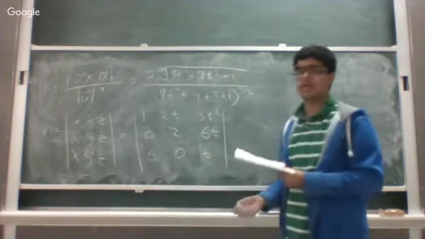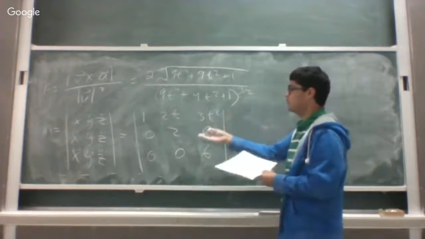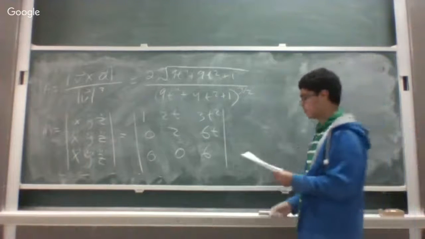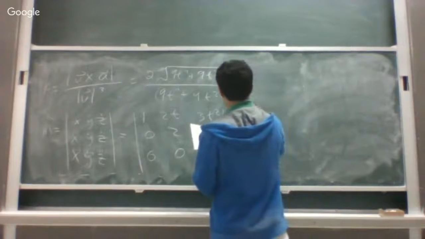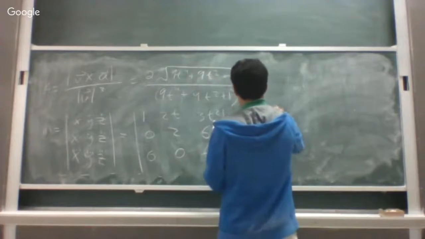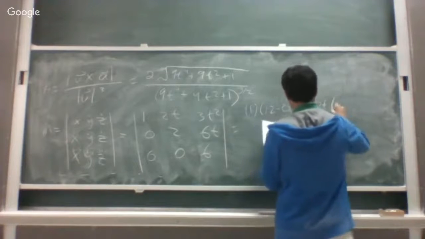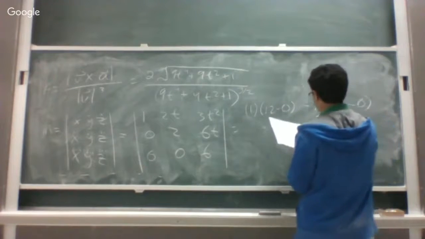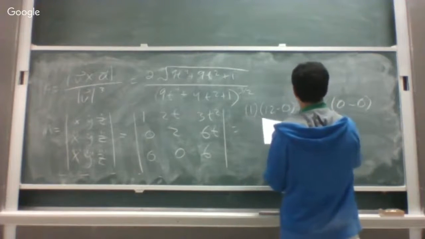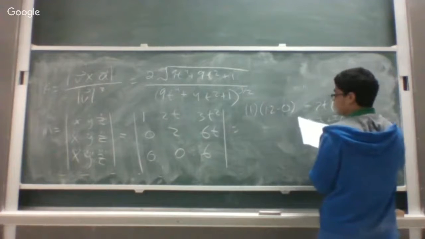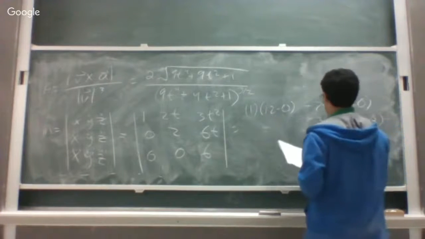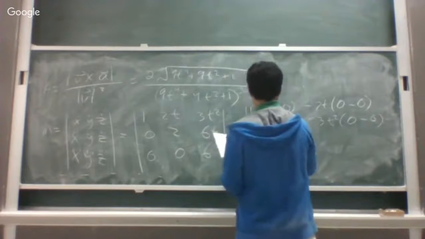These are the same way as i, j, and k, except you do have a value for i essentially. So this is equal to 1 times 12, minus 0, minus 2t times 0 minus 0, plus 3t squared times 0 minus 0, equal to 12.